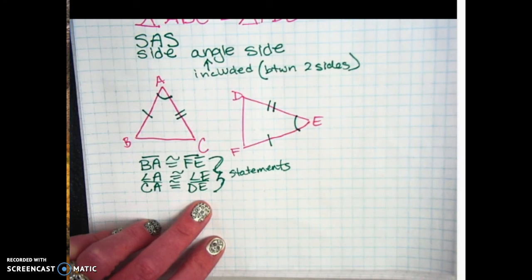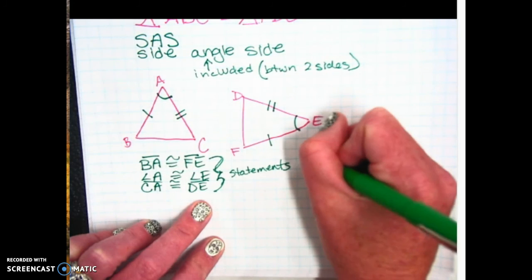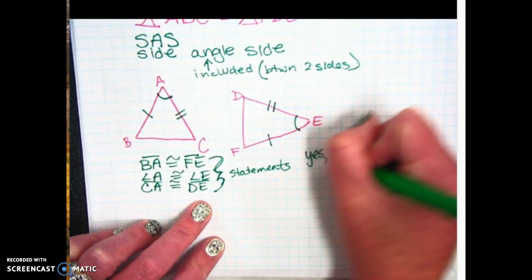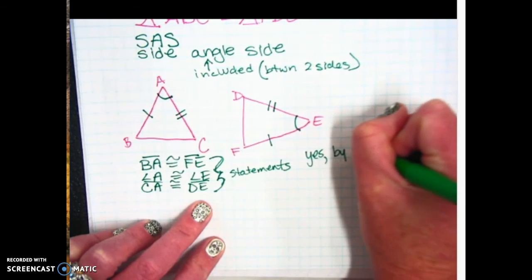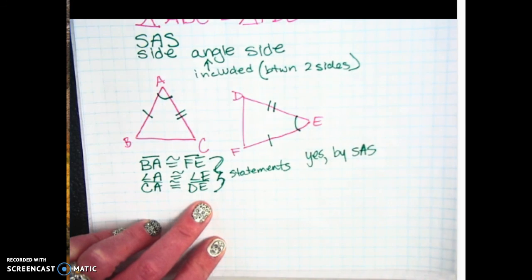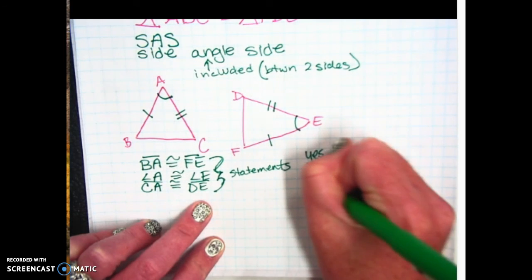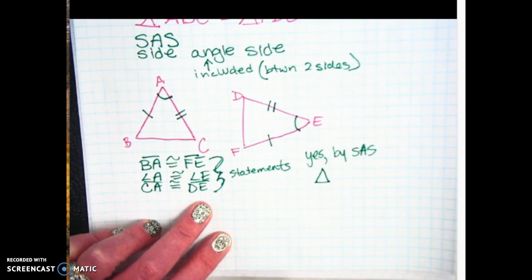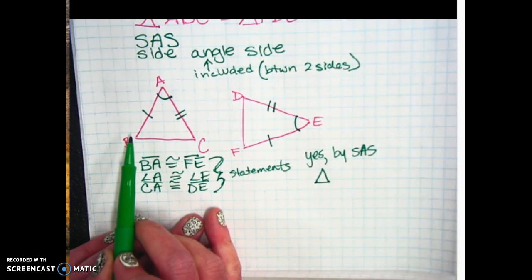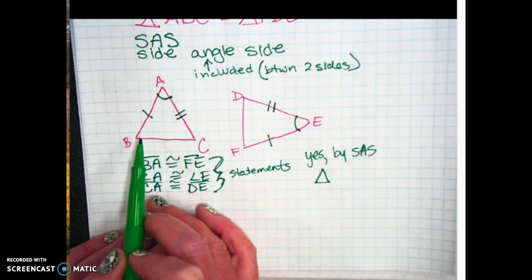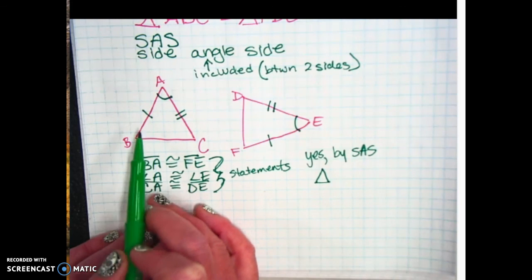So are these two triangles congruent? We say yes. They are congruent by what we call side, angle, side. And then you're going to be asked to write your statement of congruence. So you're going to say triangle, and you have to go in order. So I'm going to start with the angle that's not the included one, but outside side 1.